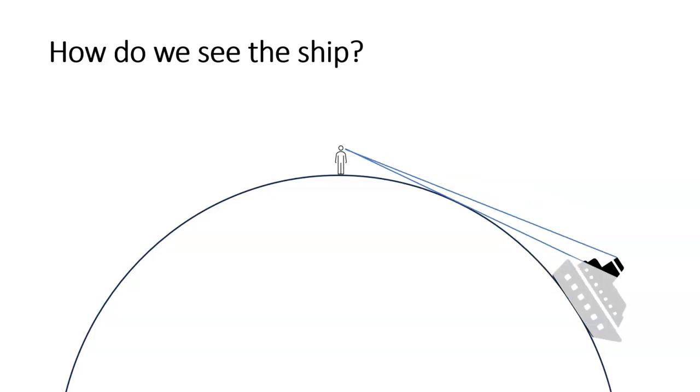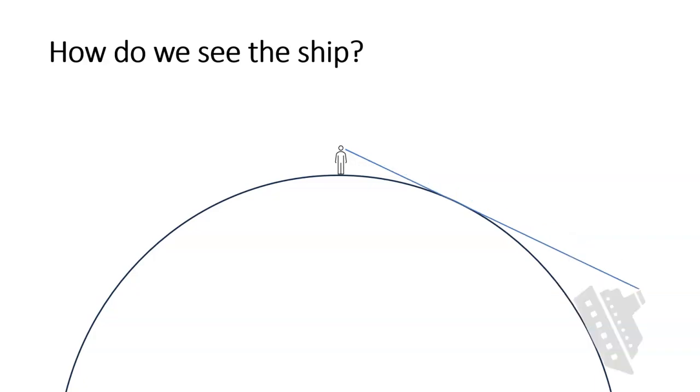When the ship moves further away, the lowest line that is still tangent to the earth only covers higher parts of the ship. Therefore, smaller and smaller parts of the ship are visible to the observer.